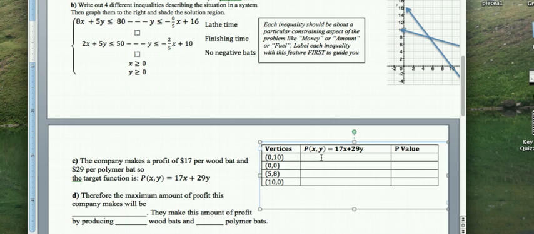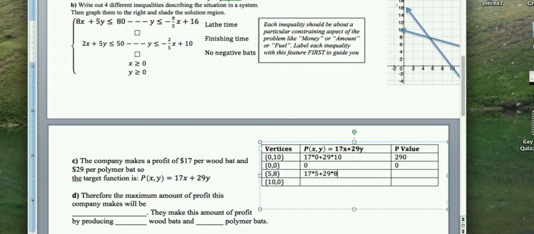Alright, so for this one, we've got 17 times 0 plus 29 times 10. I think that's easy to do in your head. That's just $290. 0, 0 is going to be boring. They don't make any money because they didn't make any bats. 5, 8. Don't always assume 0, 0 is going to be boring, though. It might not be. Make sure you check your function.